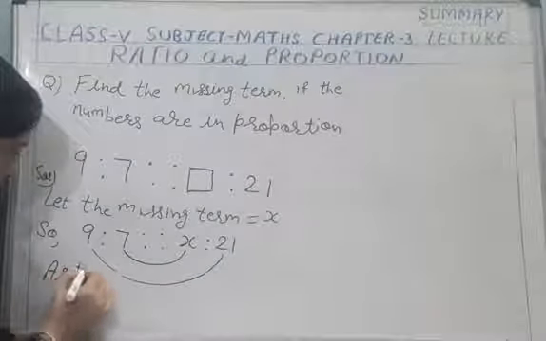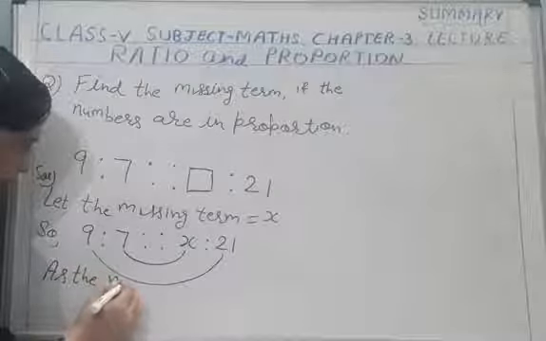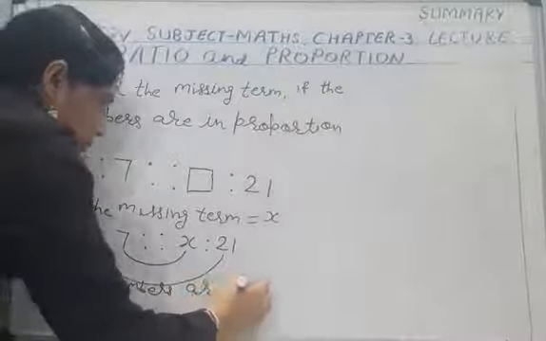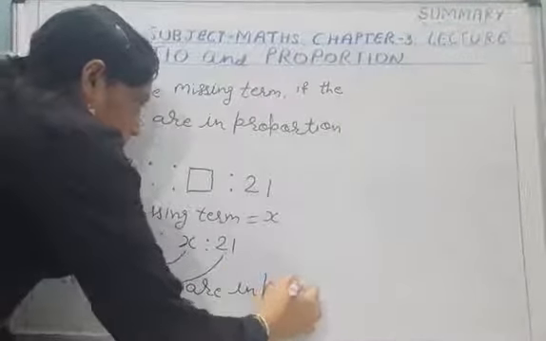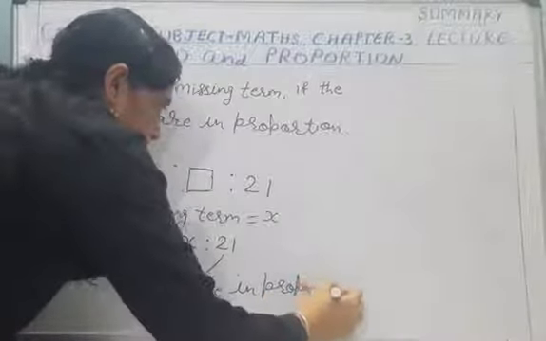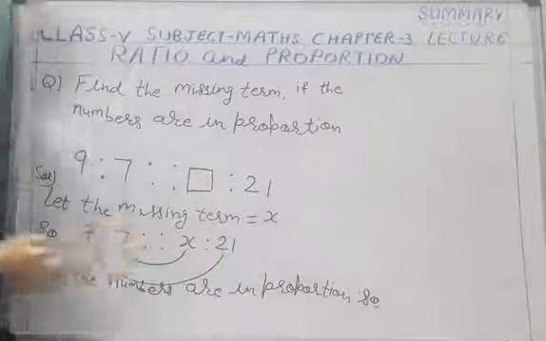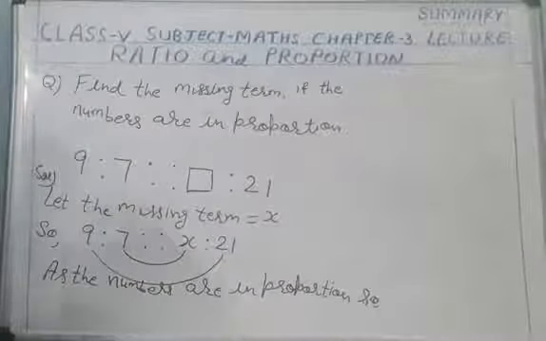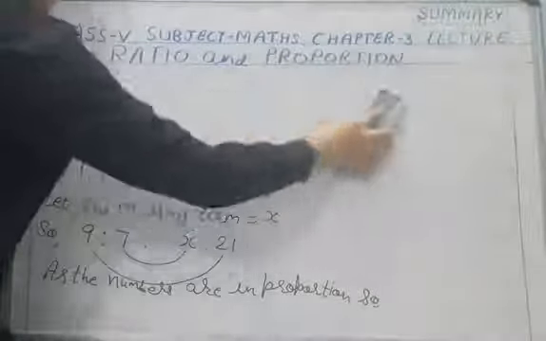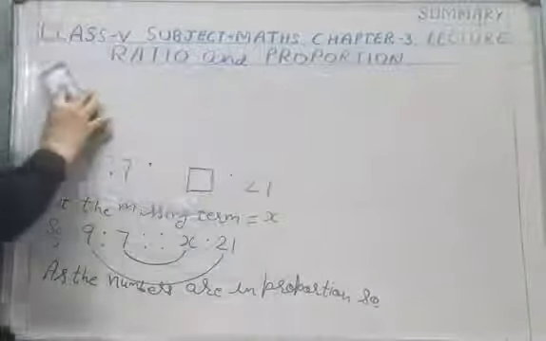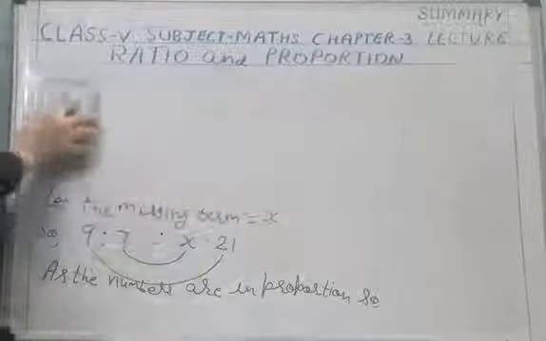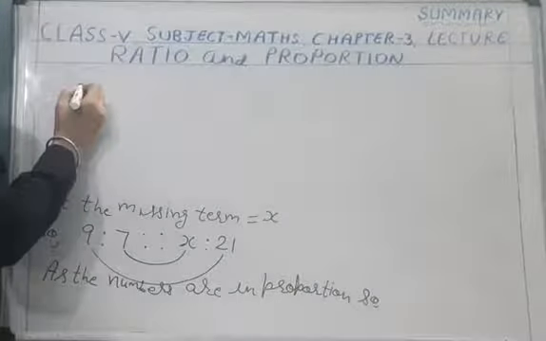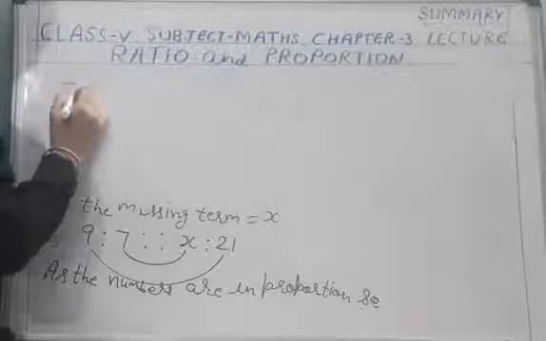As the numbers are in proportion, so 9 into 21 is equal to 7 into x.